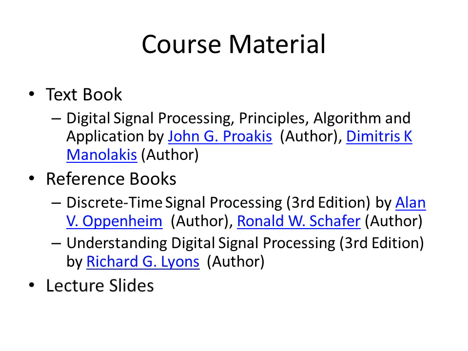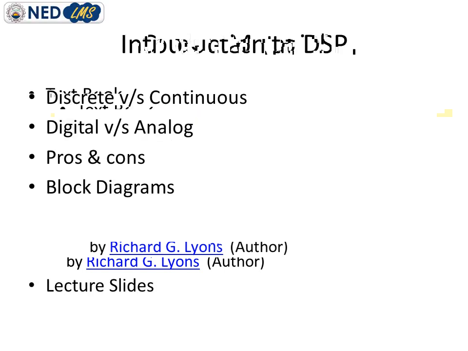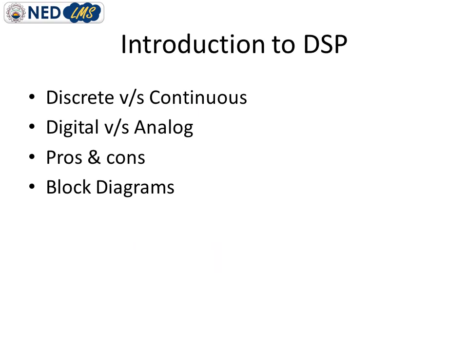So, starting Introduction to Digital Signal Processing. In the upcoming slides, we will see the major difference between continuous time signal and discrete time signal. Afterwards, we will discuss the major difference between an analog signal and digital signal.